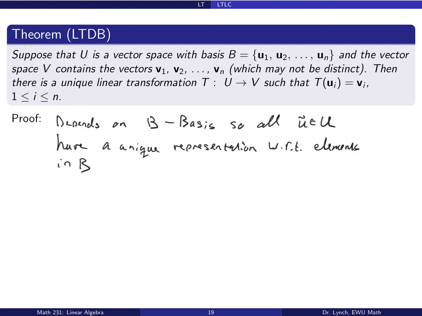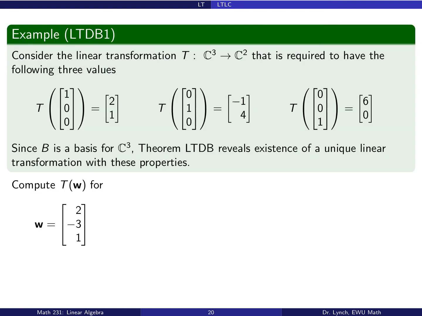Again, we know that when B is a basis, all elements of the vector space U have a unique representation with respect to the elements in B. So the take-home message is that if you know the image of a linear transformation on each basis vector, for any basis, then that linear transformation is uniquely defined. Okay, so here's an example.